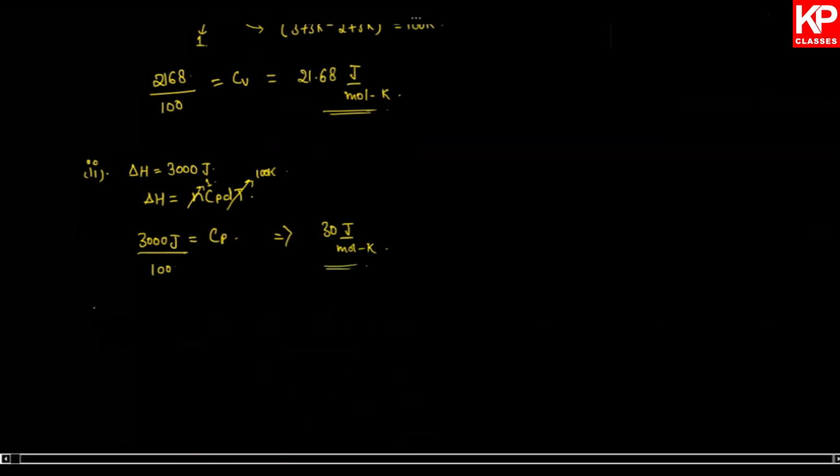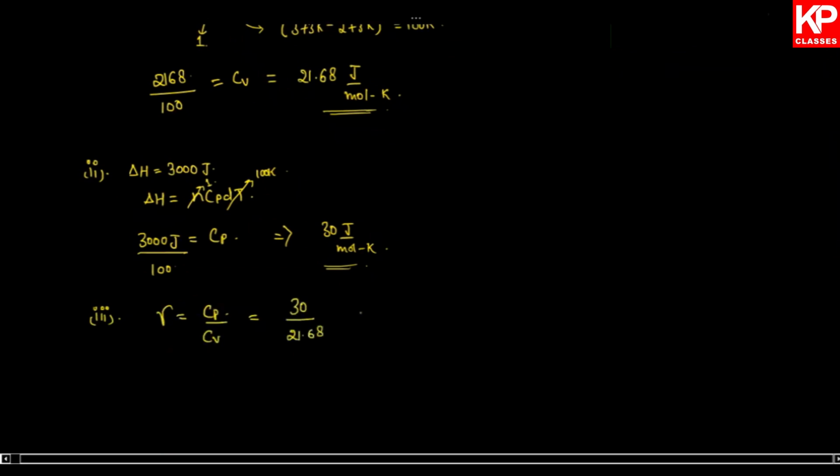Similarly, you can calculate it for gamma, that is the heat capacity ratio. That is, gamma is given by Cp by Cv. Okay, so it is 30 by 21.68, and the ratio will be approximately equal to 1.38, right?